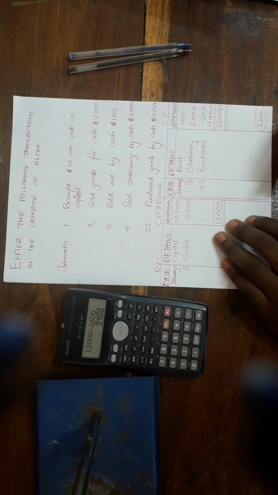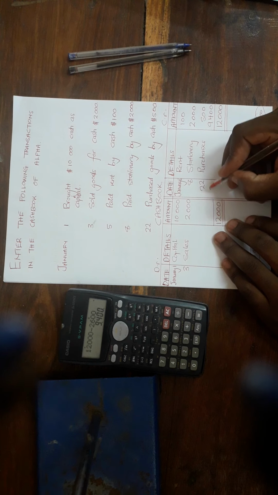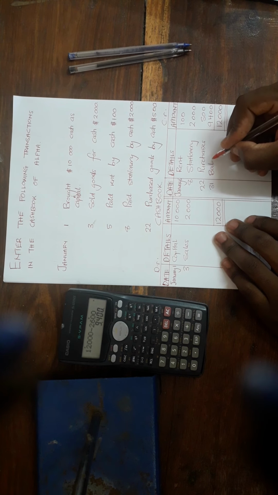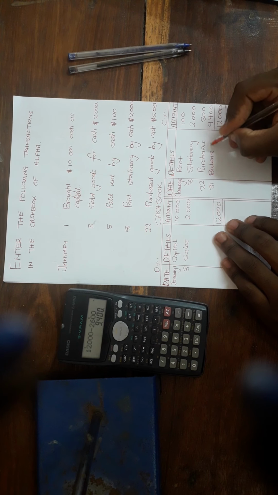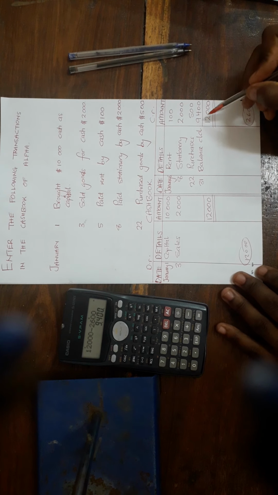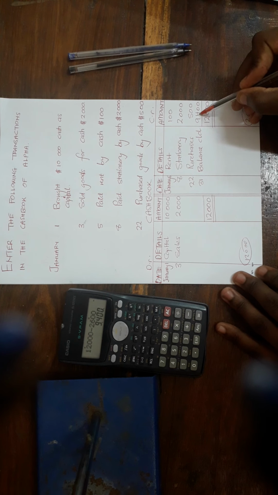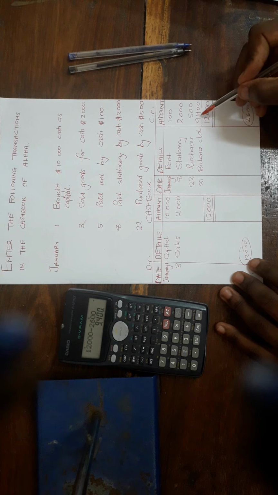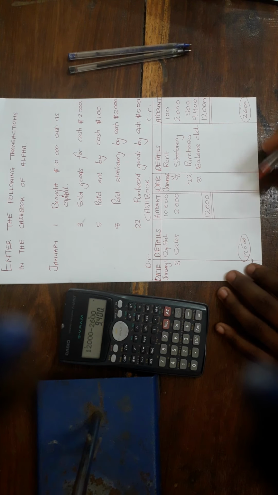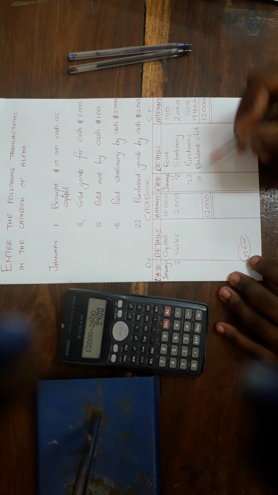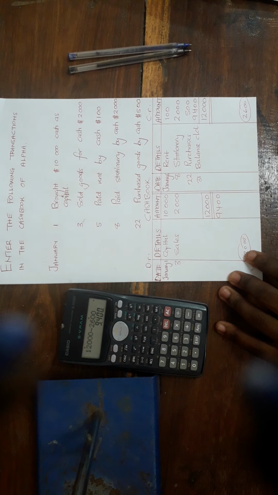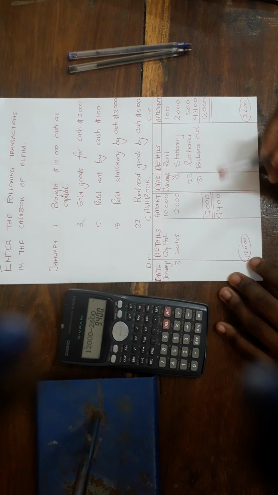At the last day of the month, which is January 31, this is going to be my balance carried down. If my balance carried down is here, my balance brought down from January to next month will be on the debit side. So I will write 9,400 on the opposite side.